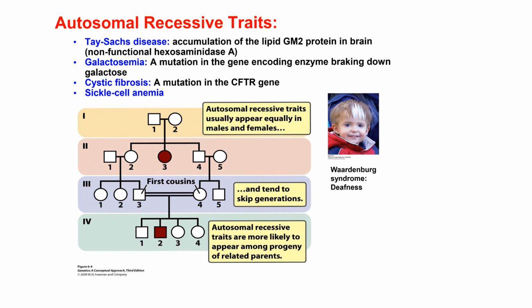So how do you analyze these traits? Let's follow this child who is affected in the second generation. She has a disease which, let's say, is caused by recessive allele a. So she must be homozygous recessive. What do you see? The child can be affected while the parents are not.